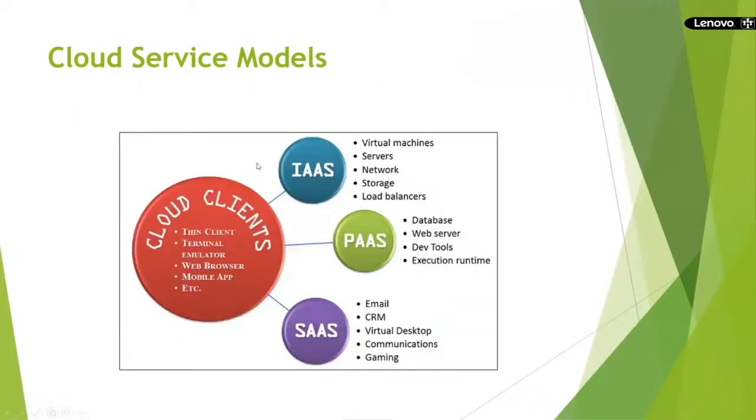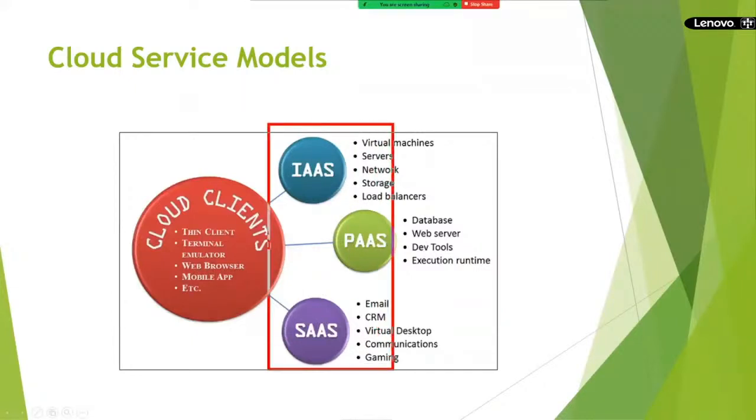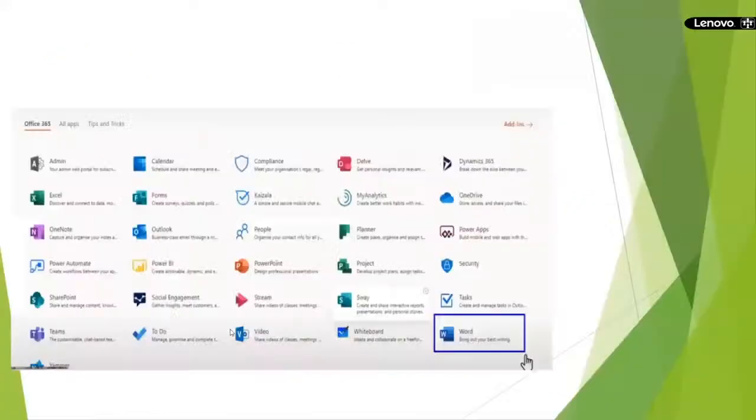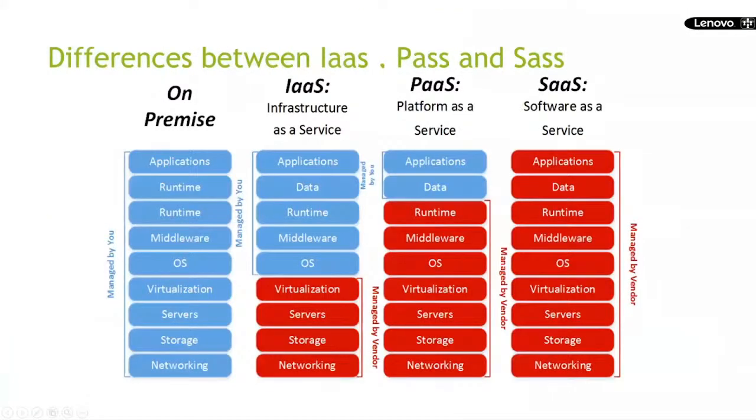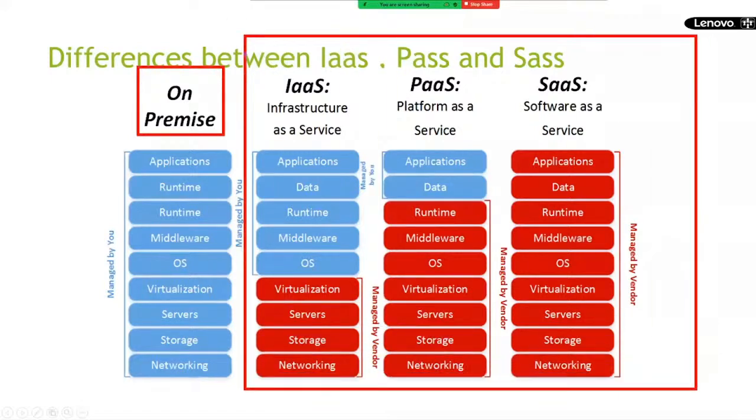These are three different types of services in cloud computing. These three are quite common, whether you go for Azure, AWS, or Google Cloud. Next, this one slide is enough to differentiate between on-premises and cloud.